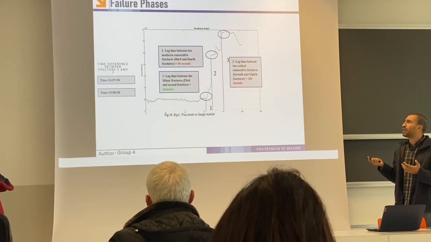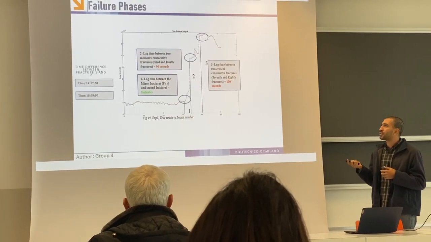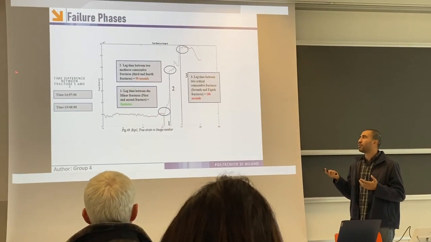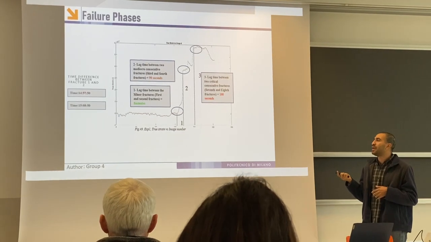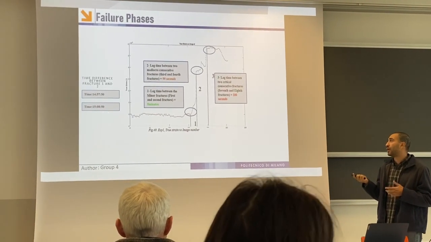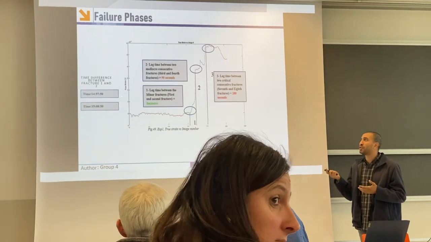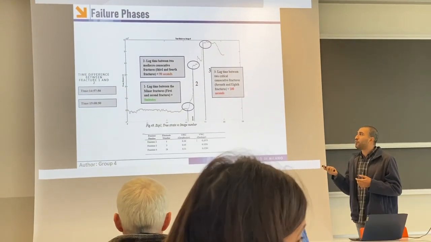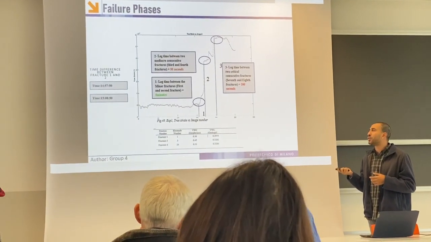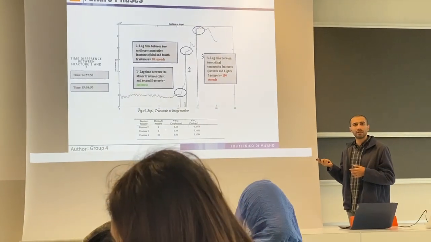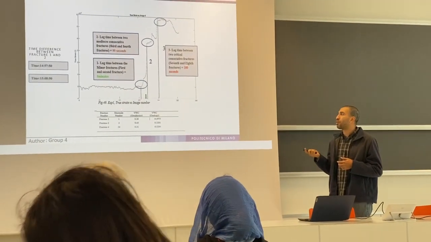Since we have the timing of each fracture, for example fracture number 1 happened at 2 p.m., 75, and fracture number 2 happened at 3 p.m., 15 minutes, we know the time difference. Correlating this data with the geological and geophysical data, we can correlate the volumetric water content.